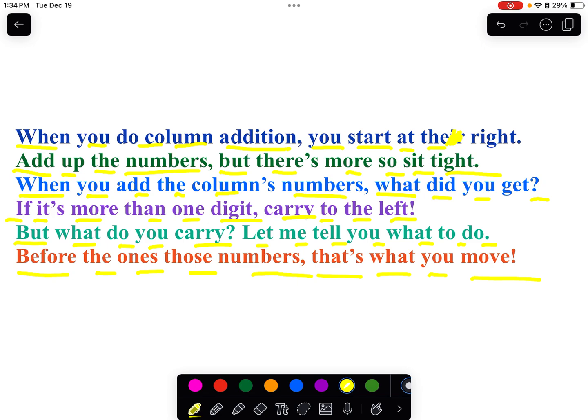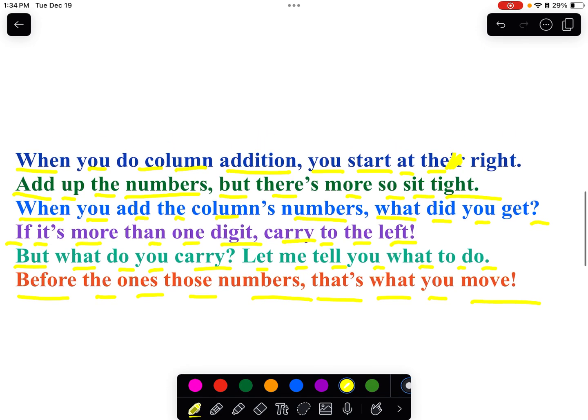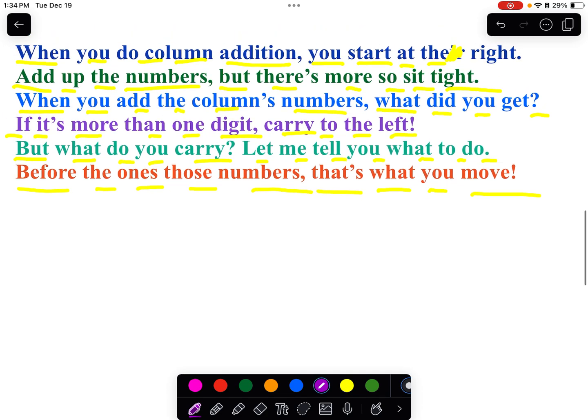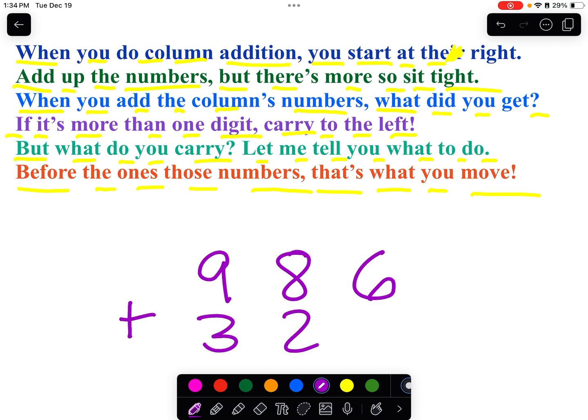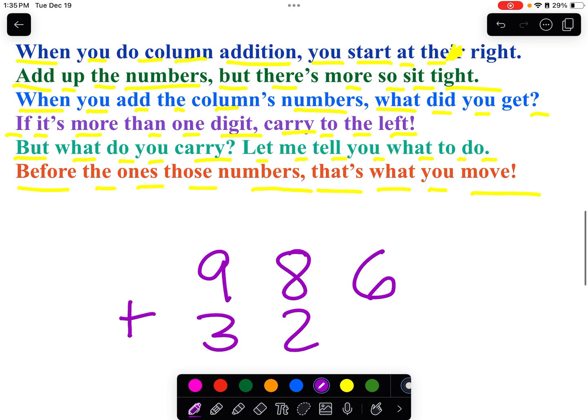Was that fun? Now you're probably saying, okay, I'm still not sure what the order is, so let's do some examples. Let's do big numbers here. Let's do 986 plus 329.